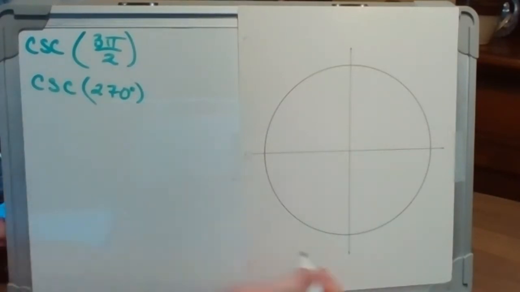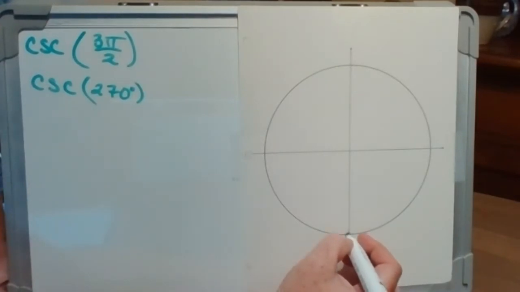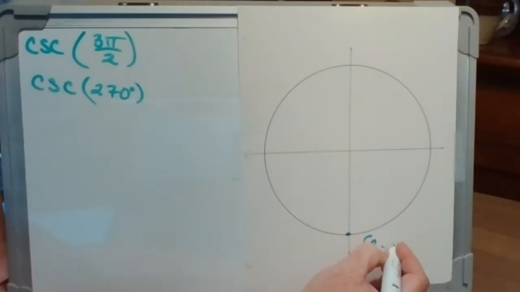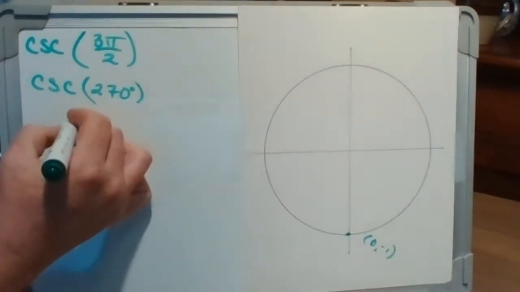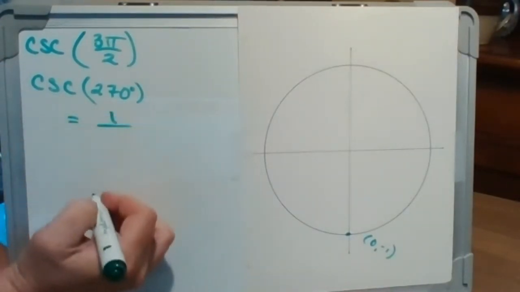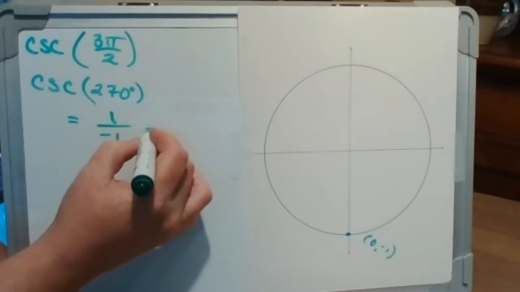I'm just going to draw on this. So this point down here is (0, -1), since we're on the unit circle. So there's our x value and there's our y value. Cosecant is 1 over y. So this is going to be 1 over our y value of -1.